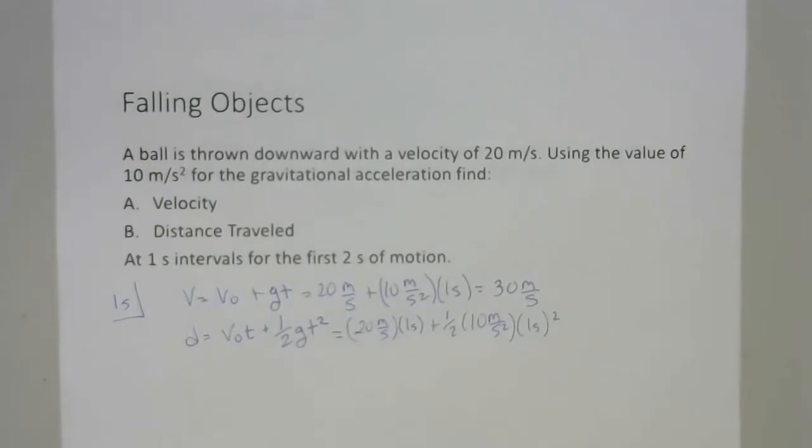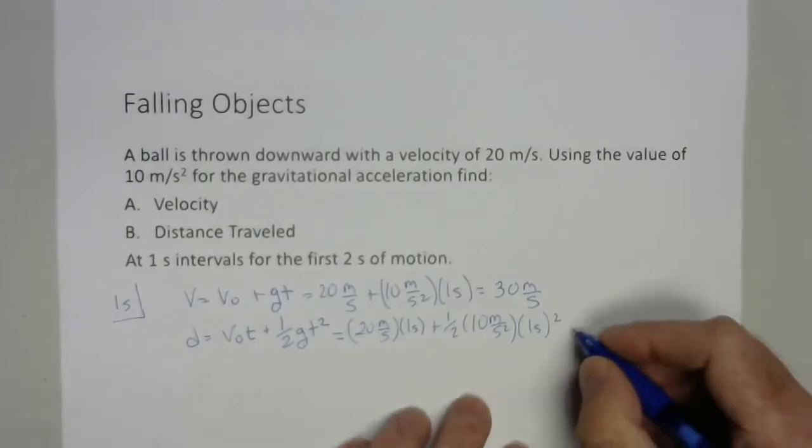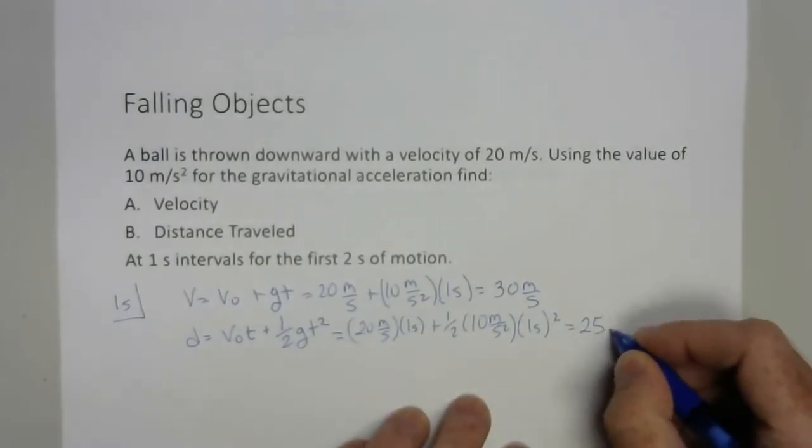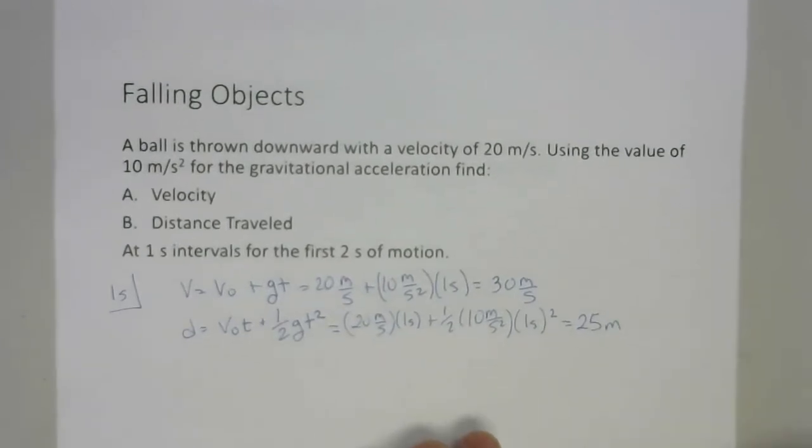Then you run that through your calculator: 20 times 1 plus 1/2 times 10 times 1 squared. And so you're going to have traveled 25 meters in that first second, primarily because of the initial velocity it was given.